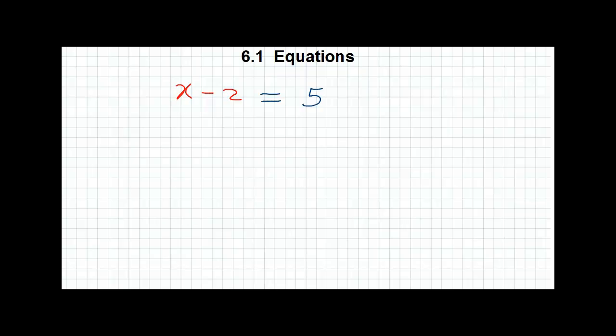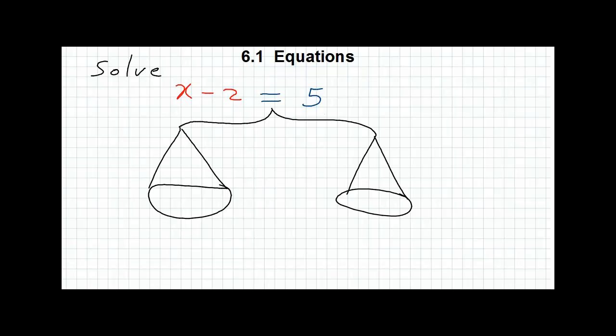We can think of an equation the same as an old scale. If you have an old scale and it is balanced, we can say that we have on the left side of the scale x minus 2, and on the right hand side of the scale we have the value 5.